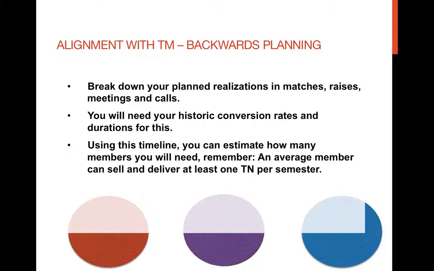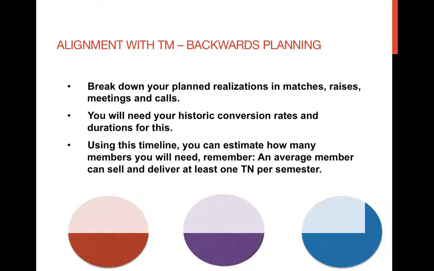And to get to a feasible number of members, you have to again use your backwards planning, which we just did basically. So you break down your realizations in matches, raises, and meetings and calls. How much do you have to do each week in September, October, and November?